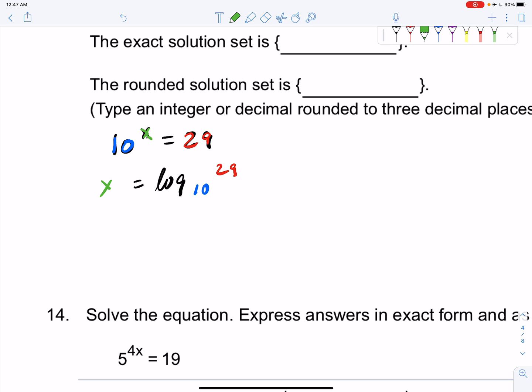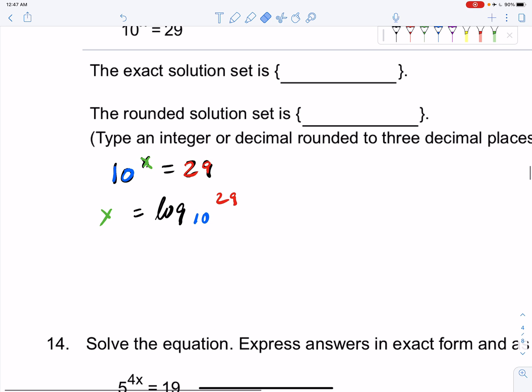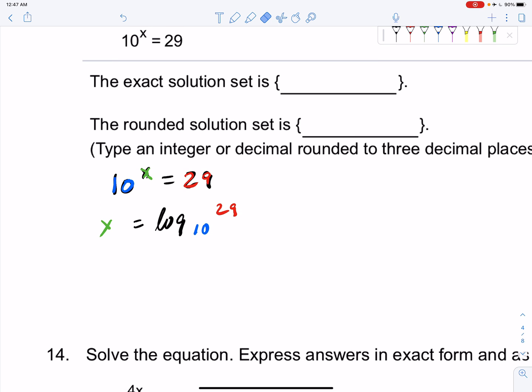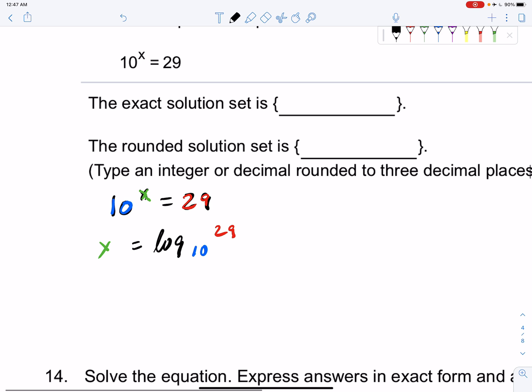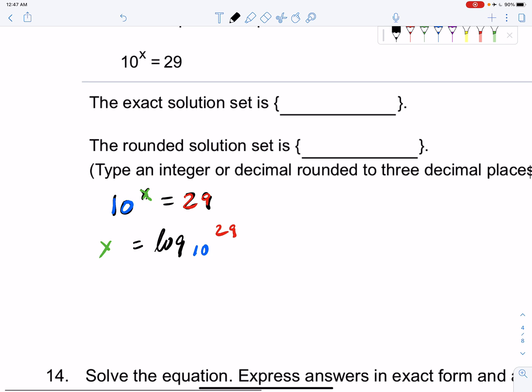Okay, and like I said, strangely enough, it was totally fine with this, as it didn't, just that one problem it wanted us to write it as the change in base form. It was very strange. So I just plugged this in. Now you don't have to put the 10 in, right? Because everybody knows log base 10 is just a common log. So you just write it like that.